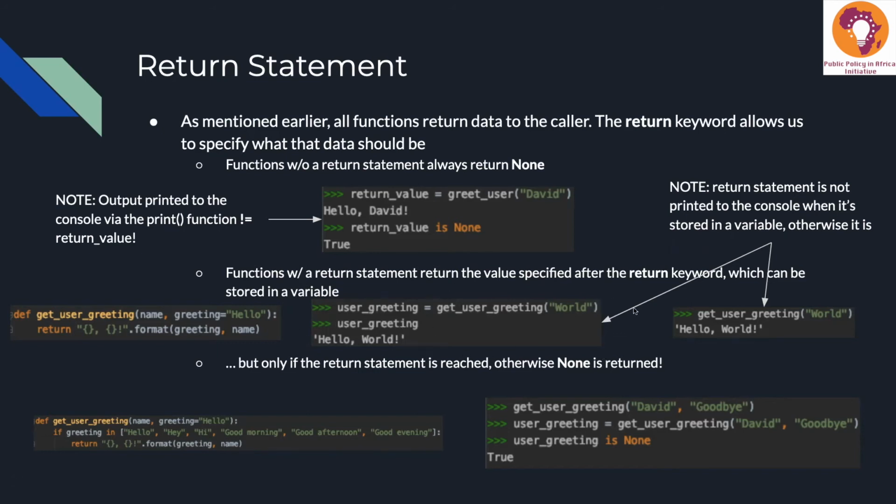So just keep in mind that the return statement must be reached in order for whatever it's returning to actually be returned. If that line of code isn't reached within your function, then it'll just return None, as if there weren't a return statement in that function.